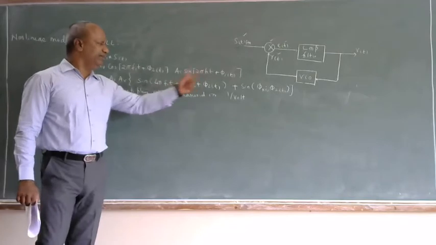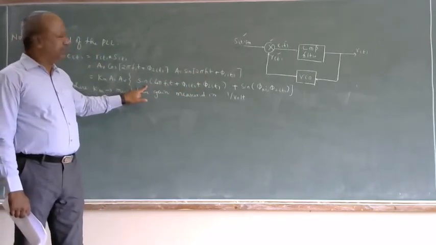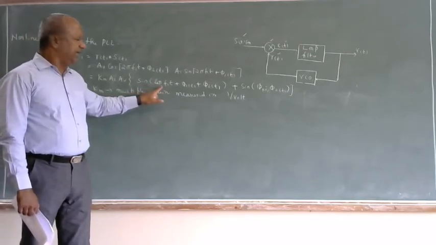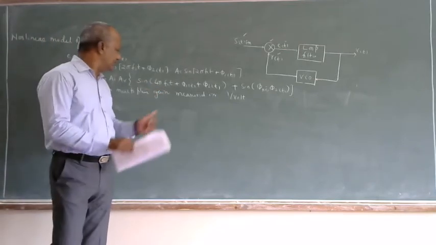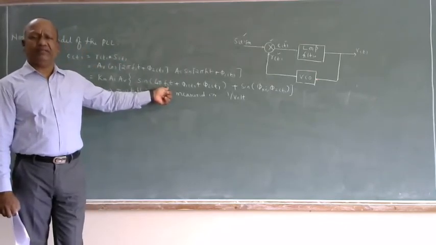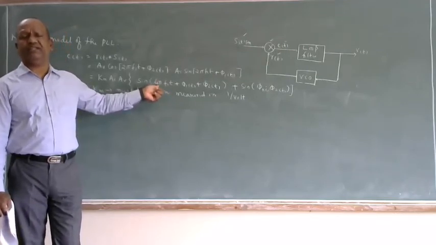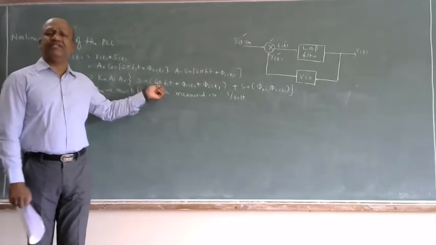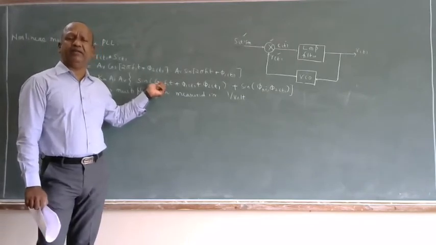The first one gives you high frequency components. The input is Fc into Fc, and I get 4 pi Fct instead of 2 pi Fct, which is double. That's why it is called the high frequency component appearing.